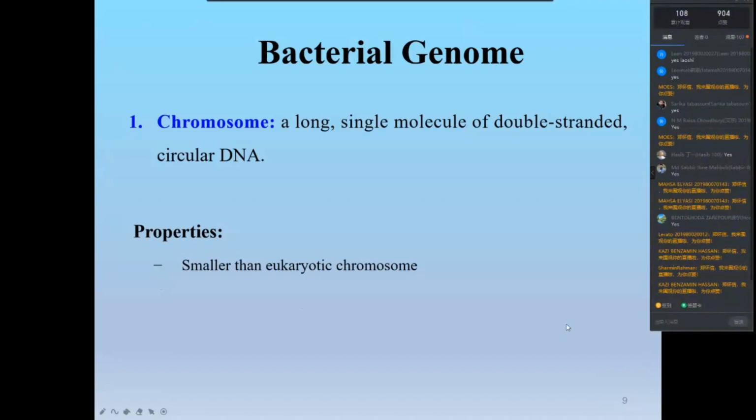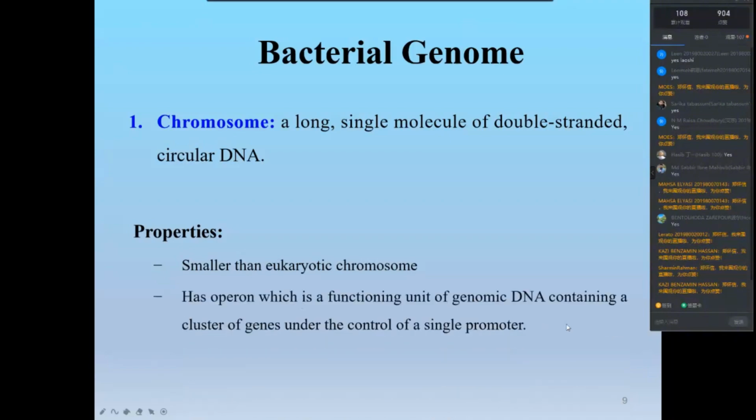It's smaller than eukaryotic chromosomes, and it has operons in the chromosome. The operon is a functioning unit of genomic DNA containing a cluster of genes under the control of a single promoter. I think you learned this in your molecular biology class. So that's a specific structure in bacteria.